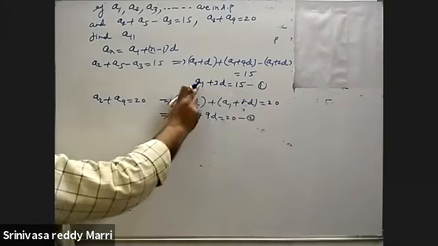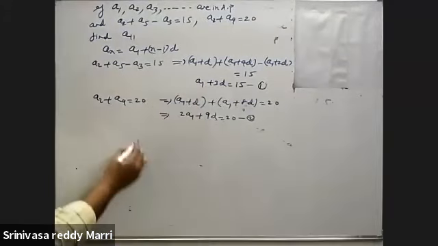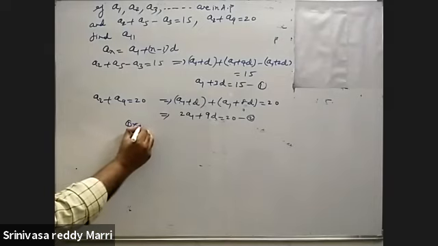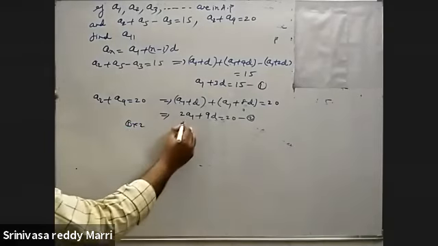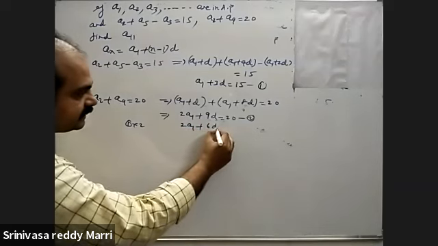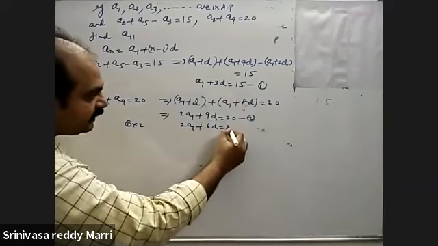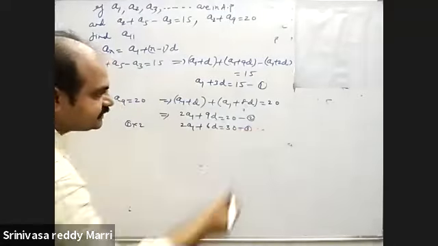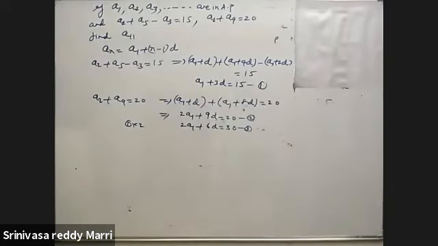What I am doing here is multiplying the first equation with 2, and I am writing 2A1 plus 6D equal to 30. Let us say this is the third equation.